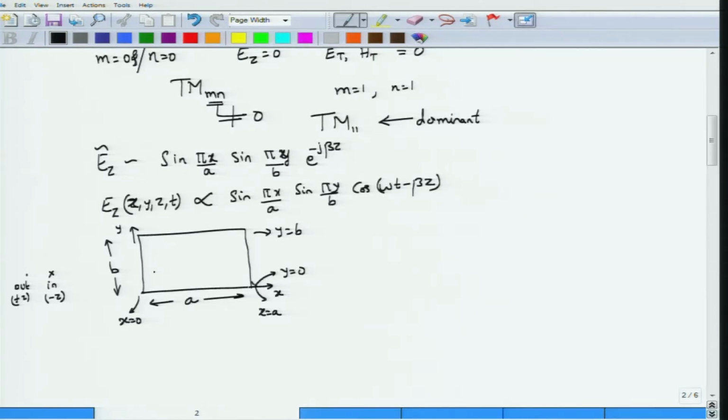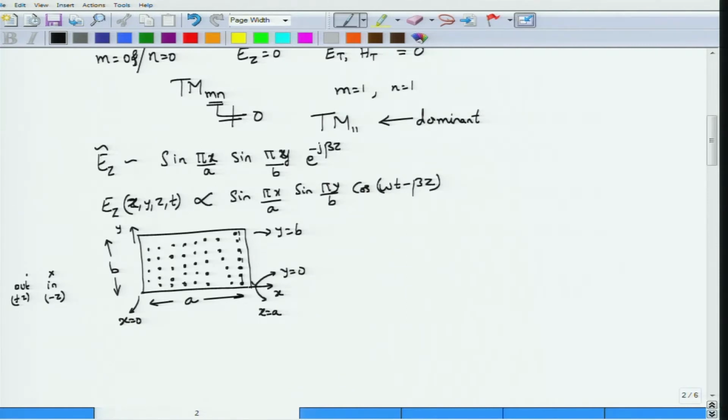It would go to 0 here, and at x equal to a it would go to 0 again. So, if you go slightly beyond here, you will have density of electric fields that would be increasing. So, here you can see that the density is maximum, okay, not really nicely drawing them.